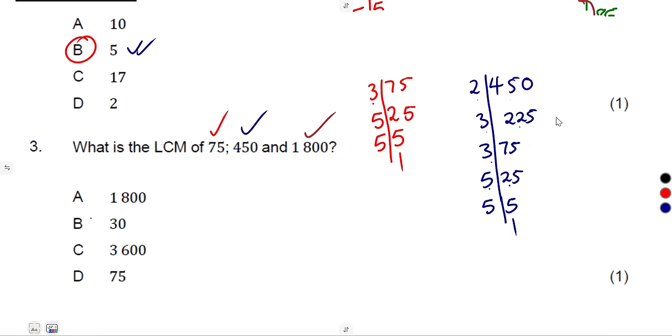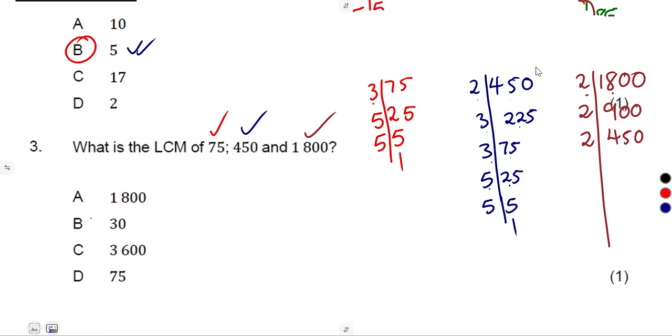We do the same thing on 1800. For exam purposes, you just need to simplify each if you cannot tell from the answers that you're given. Doing the same thing, divide here, that gives us 900. Then by 2 again, that's 450. Divide by 2 and, as you can see, this is 450 here. So it is the same thing that we're going to have for 450 going down.